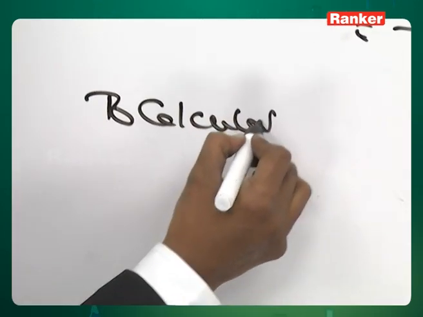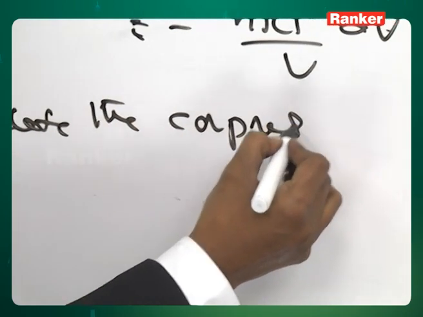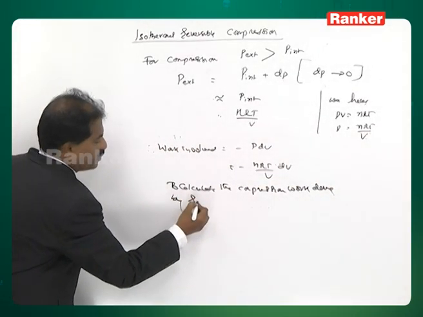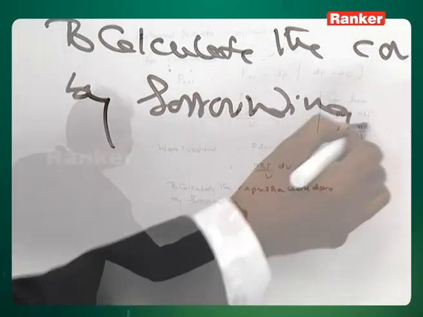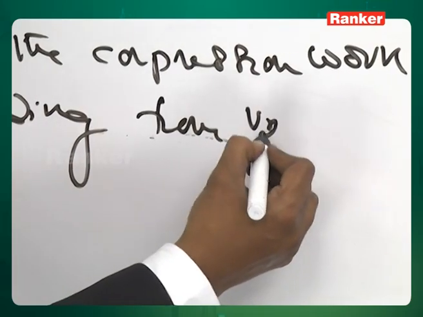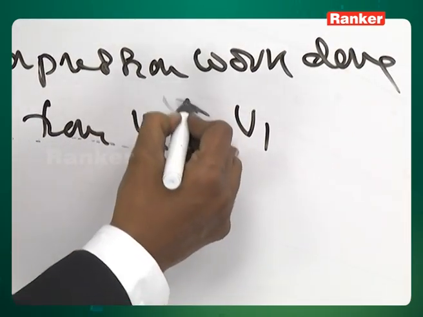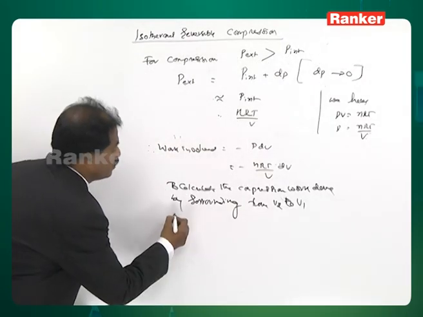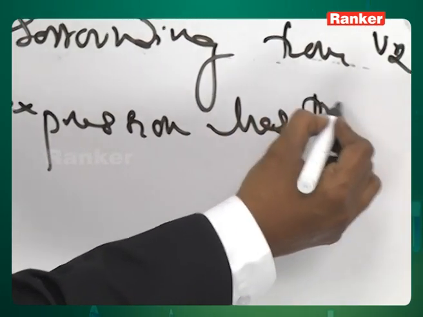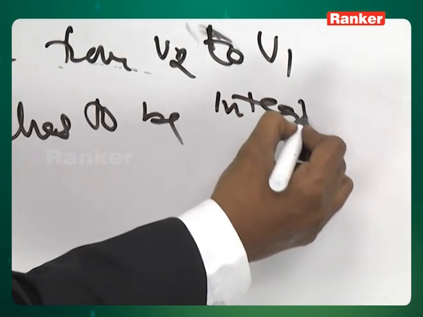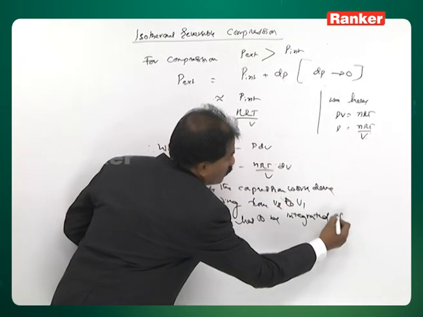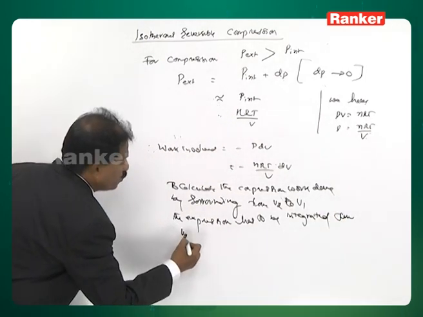To calculate the compression work done by the surroundings from V2 to V1, the above expression has to be integrated from V2 to V1.